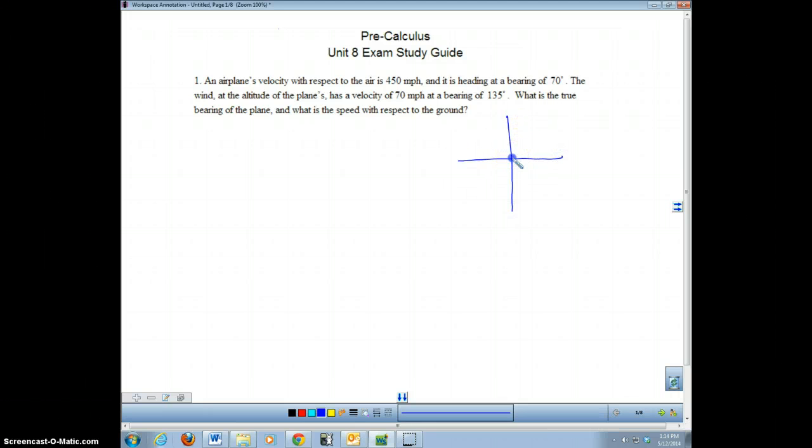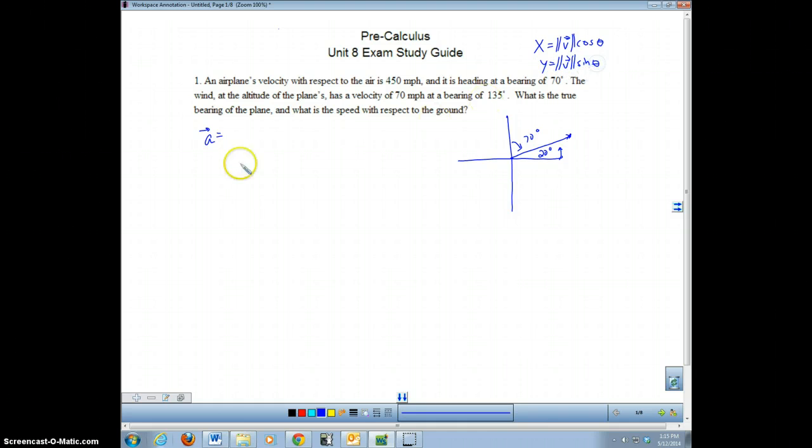airplane that's at 70 degrees bearing, so that means that this angle here is 70 degrees and this angle here is 20 degrees. So what we need to do is find the components of this vector. For the components of the airplane, we're always going to use x equals the magnitude of our vector times the cosine of theta, and y equals the magnitude of our vector times the sine of theta.